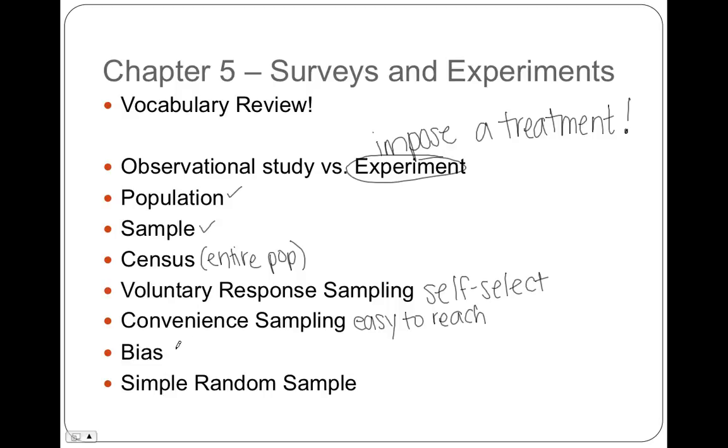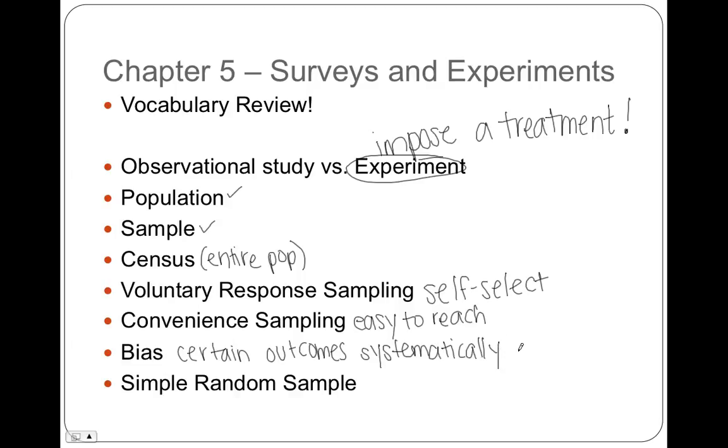Bias, that's a tricky term, but what that means is that certain outcomes are systematically favored because of something in the design or in the environment or something like that. So certain outcomes are systematically favored.